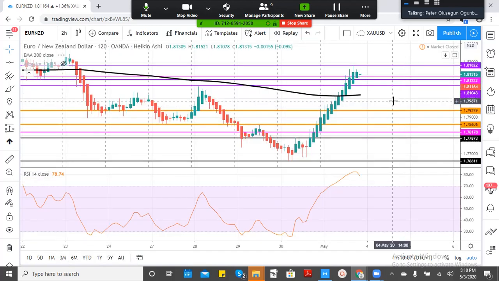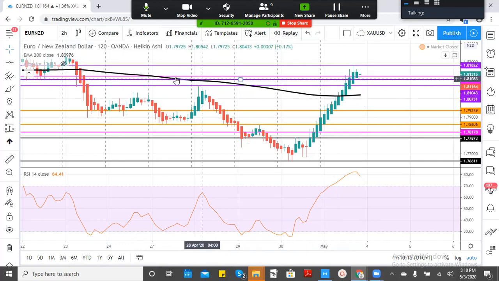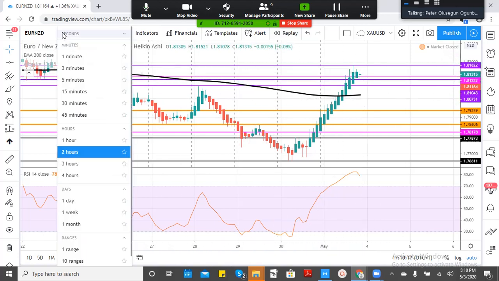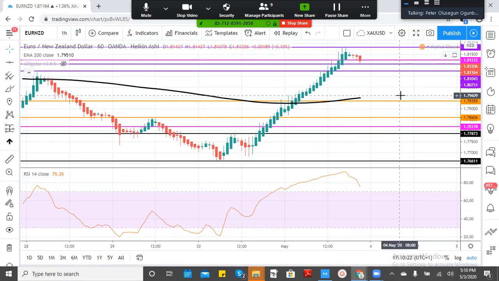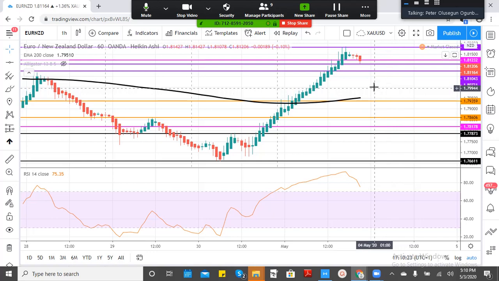I'll be using red around this area. Then let me switch. I've drawn this line to see what will happen. So let me switch to 1 hour to see very well. Good. So I'm looking at this area as a potential point.